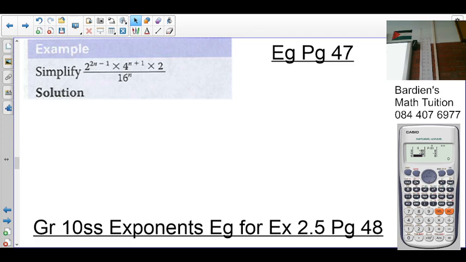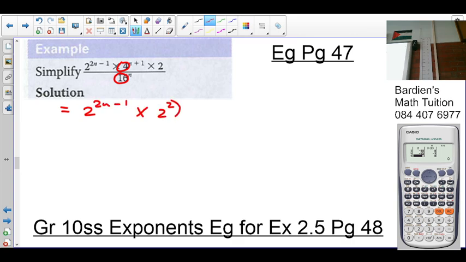However, 4 we know can be written as 2 squared, and 16 can be written as 2 to the exponent 4. So it's 2 to the 2n minus 1 times 2 squared raised to the power n plus 1 times 2 over 2 to the 4 raised to the n. Okay, so what do we do now?